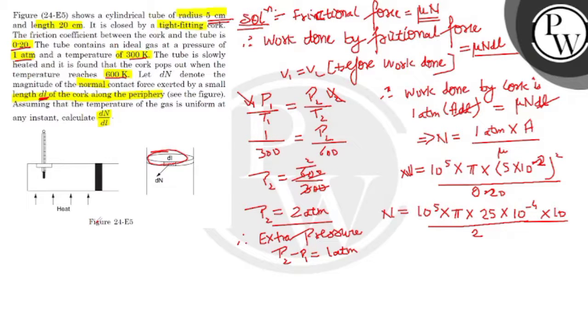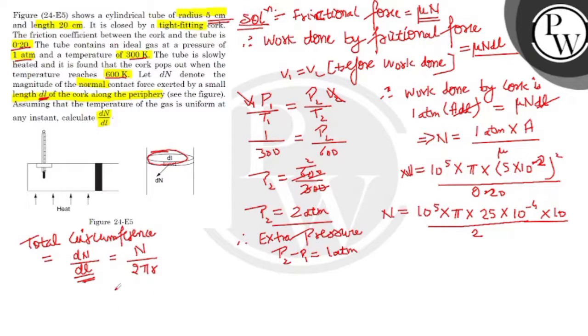So the total circumference of the cork is, dN by dl, when it is integrated over the side, equal to N by 2 pi r, and we have to calculate this value dN by dl.